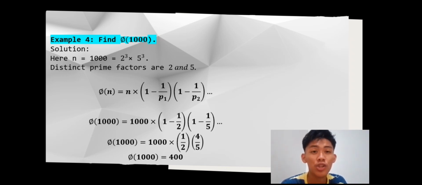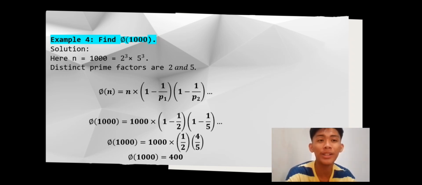Now let's substitute them to the formula. So phi of 1,000 is equal to 1,000 times the quantity of 1 minus 1/2, and times the quantity of 1 minus 1/5. If we subtract, 1 minus 1/2 is 1/2, and 1 minus 1/5 is 4/5.